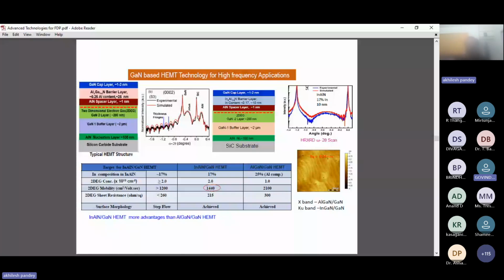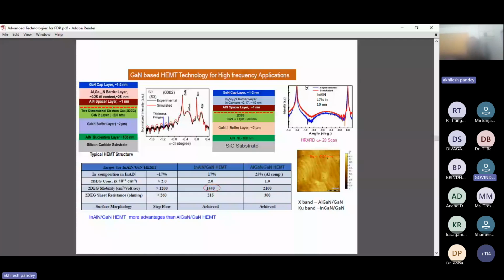The basic advantage is that indium aluminum nitride, because of the low thickness of the barrier, can be used for high frequency devices. In the Ku band, indium aluminum nitride on gallium nitride based HEMT can be used. For AlGaN/GaN, it lies in the X band frequency range.